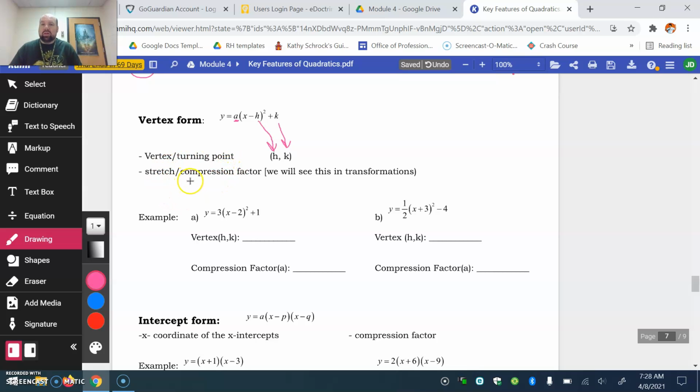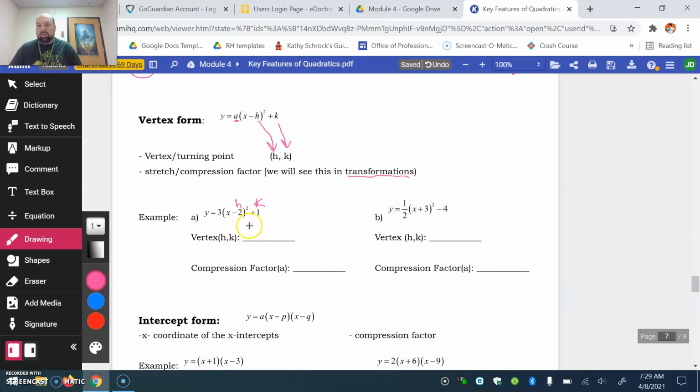We're also going to learn how A is not only telling us if it's a concavity, but it's our compression factor. And we'll see this more again later on when we talk about what's called transformations. Okay, so if I have a quadratic function already in vertex form, like these examples are, I know what my h and what my k are.